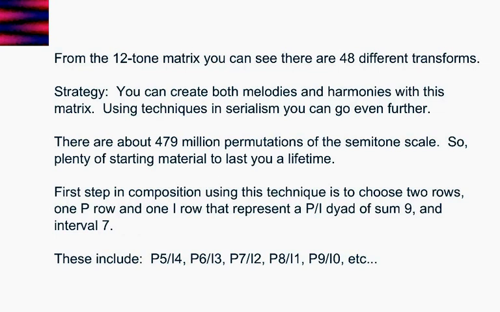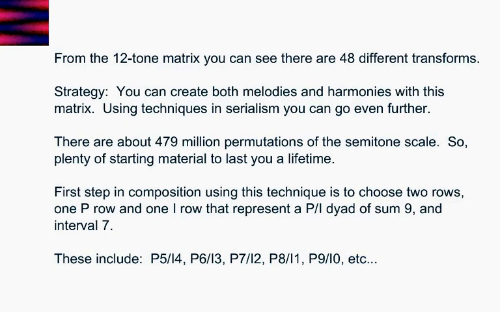Okay, so let's talk about going from the 12-tone matrix, creating these 48 different transformations, and then using that to compose our piece of music. Okay, so what is the strategy we're going to take to compose this piece of music?